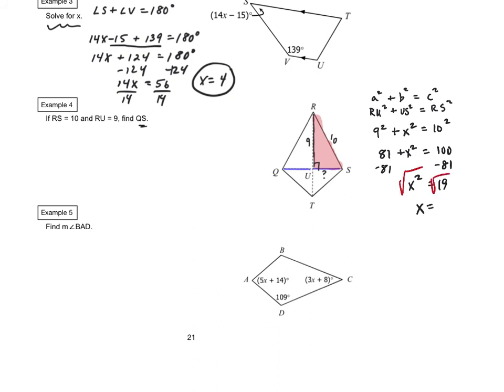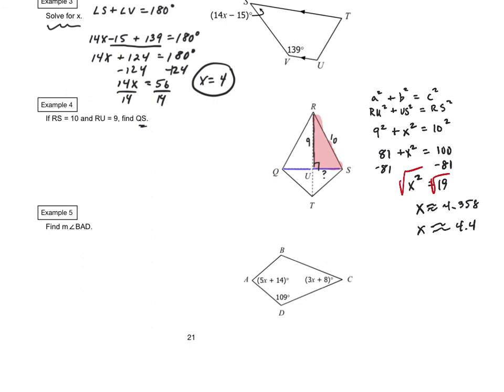And x is going to be 4 something, I think. One second, let me get the calculator out. 4 squared would be 16, 5 squared would be 25. The square root of 19 is approximately 4.358, and I'm going to round to the nearest tenth and say 4.4.